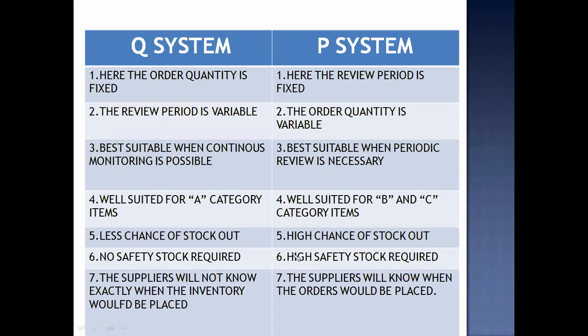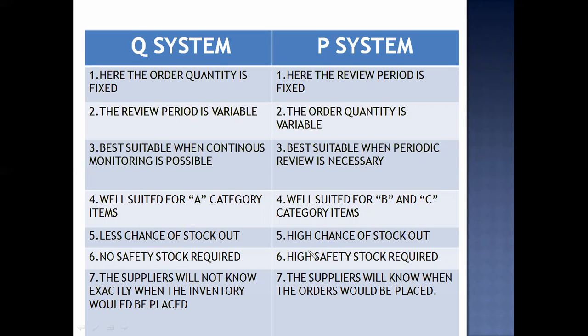Or day after tomorrow I can say that okay, I will arrange it within this week. So stock out का chances कम होते हैं, because anyway ऐसे I don't need to wait for another 1 month for replacing it. But P system में there is high chance of stock out. Every time I should expect that the demand can happen at any time. And next order में अभी place नहीं कर सकता.